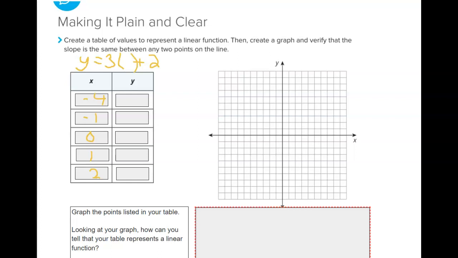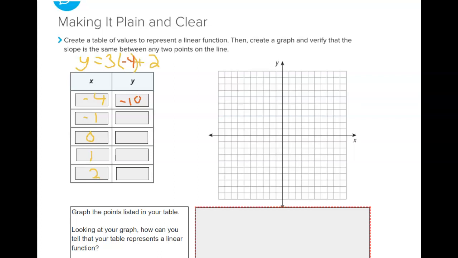The first number that I'm going to plug in is a -4. And 3 times -4 is -12. And -12 plus 2 is -10. So when I plug a -4 in, I get a -10 out.